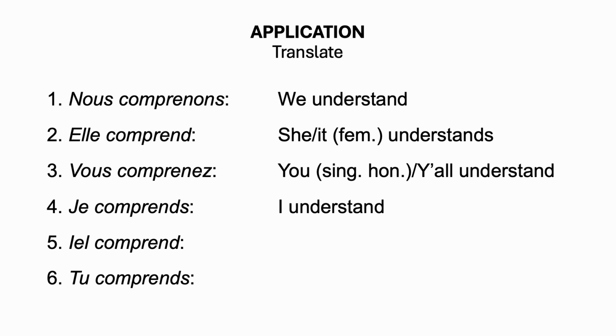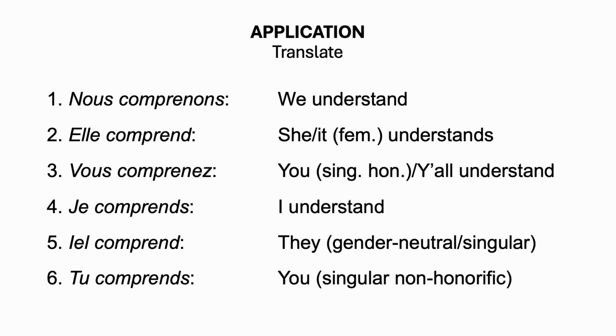Iel comprend. They, referring to a non-binary person, understand. 6. Tu comprends. Répétez. Tu comprends. You understand. Okay, so here is you talking to one person to whom you do not have to show respect. So what we call non-honorific.